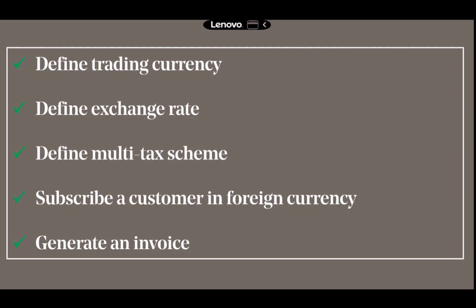And that's what we will see in the portal right now. We will see where you can define a trading currency, how you can set an exchange rate, and you can see that we will handle several taxes. Then we will check the invoices of our customers in functional and foreign currencies.